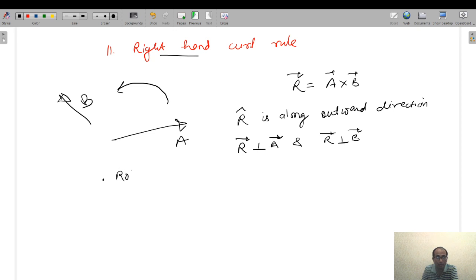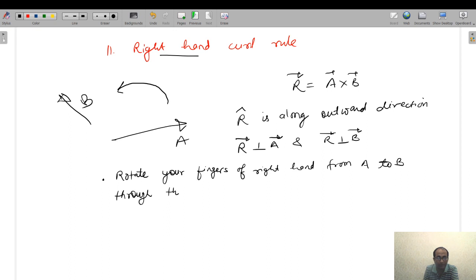So rotate your fingers of right hand from A to B through this small angle between them. Between them you see two angles are formed, if you look carefully. If I join them, then there are two angles, right? This is angle θ1 and this one is θ2.